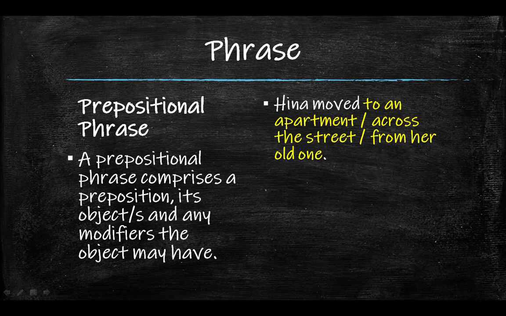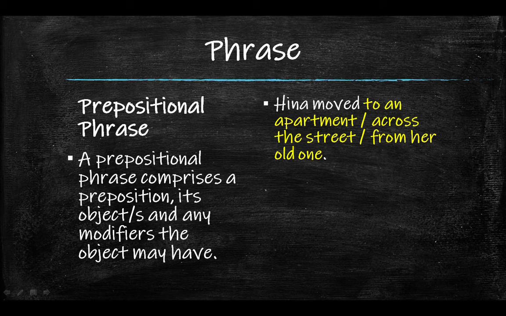Hina moved to an apartment. To is preposition, apartment is the object of preposition, and an is the modifier of the object of preposition. Across the street. Across is preposition, street is the object of preposition, and the is the modifier of the object of preposition, across. And from her old one.